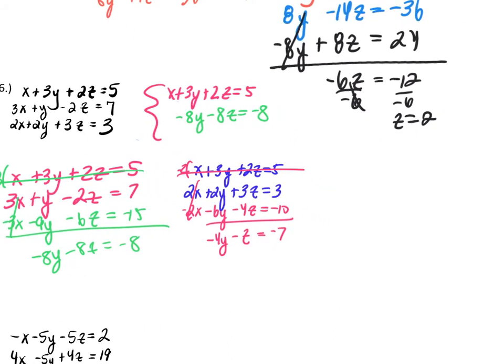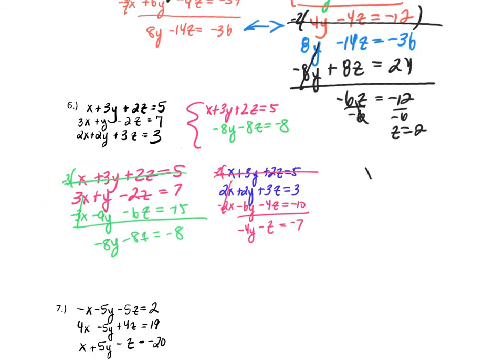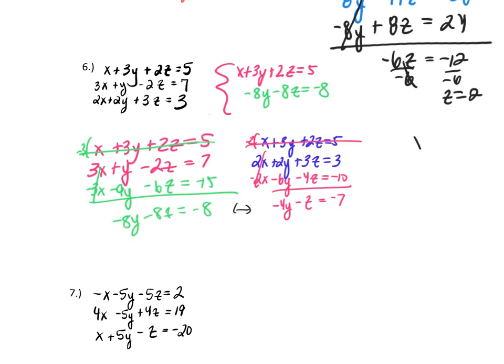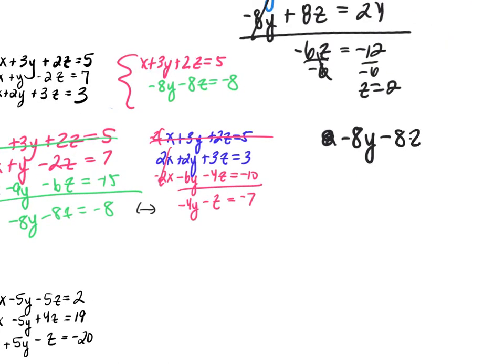Okay, now I'm going to take these two middle ones, right? So I have negative 8y minus 8z equals negative 8. And then negative 4y minus z equals negative 7.